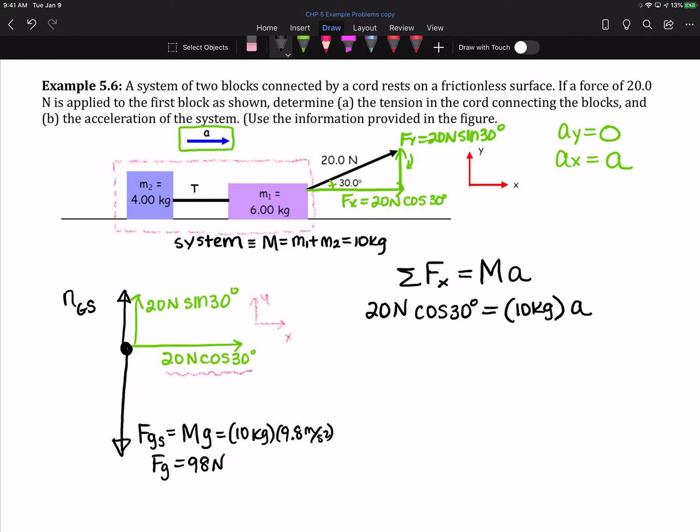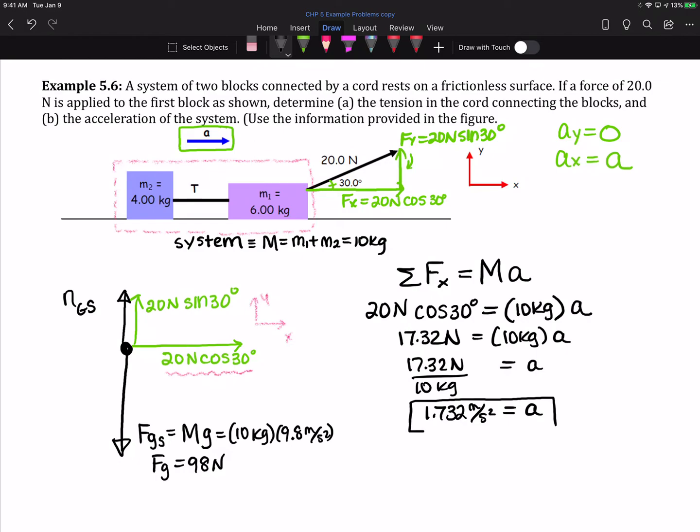If I plug in 20 times cosine of 30, I get 17.32. Then if I divide both sides by 10, I can determine the acceleration. The acceleration of my system is 1.732 meters per second squared.